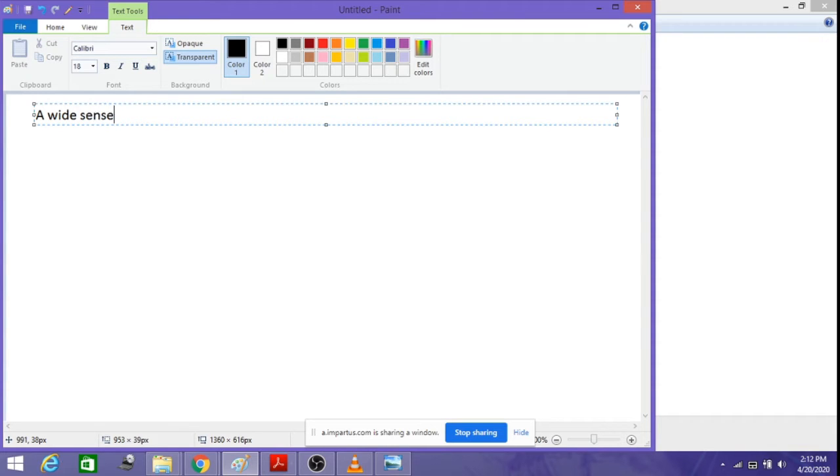A wide sense stationary random process has the PSD, which is defined below, that is S_X of omega, and a carrier random process, that is C of t, which is defined independent, given below.